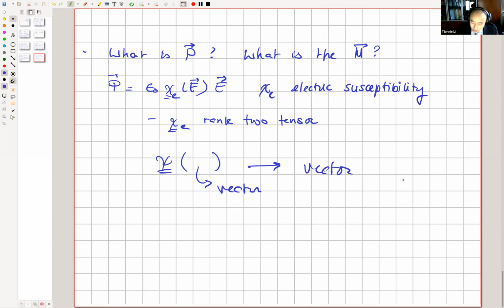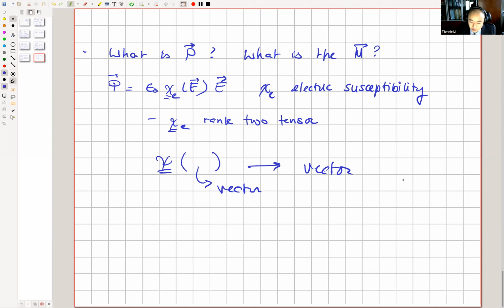But for now, it suffices to say that chi-e in general need not be a constant. And so, technically it's a rank 2 tensor. But what it exactly is, and as Jeffrey's saying, it's not just a matrix. That is correct. But the details are beyond the scope of this course.